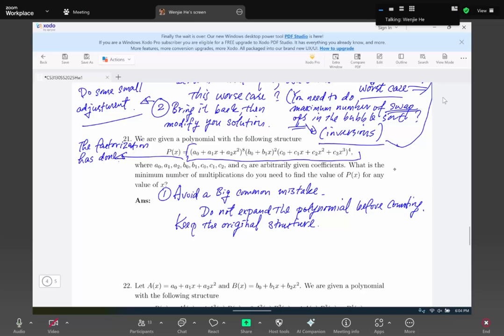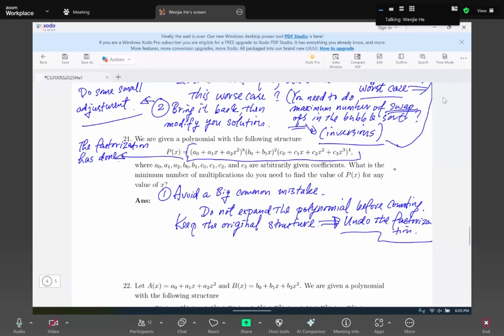But when you do the expansion, what's that? When you do expansion, you undo the factorization. That's very bad. You undo it. That's the reason your answer is so big. Yeah, the first thing, never do that.